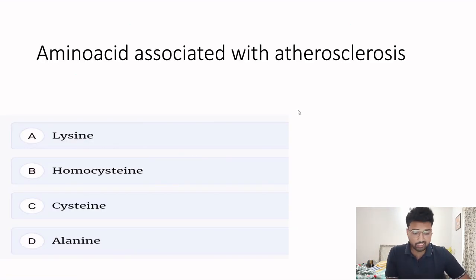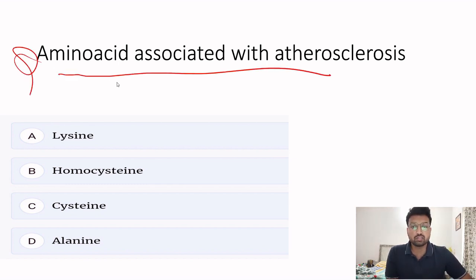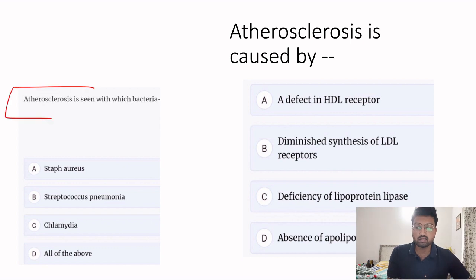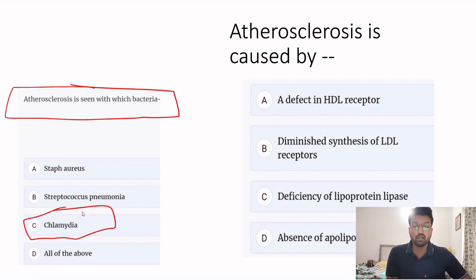Okay, so just three questions have come from this topic in NEET PG. The question was: what is the amino acid associated with atherosclerosis? Answer we all know, it is homocysteine. Atherosclerosis is seen with which bacteria? The answer is Chlamydia. Chlamydophila pneumoniae, Chlamydia are the bacteria responsible for atherosclerosis.